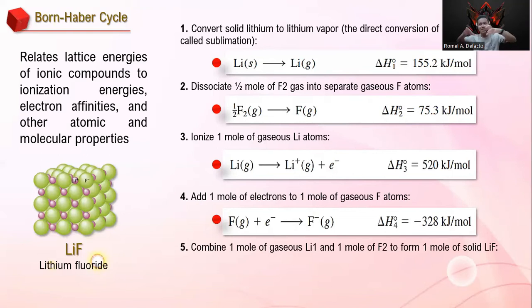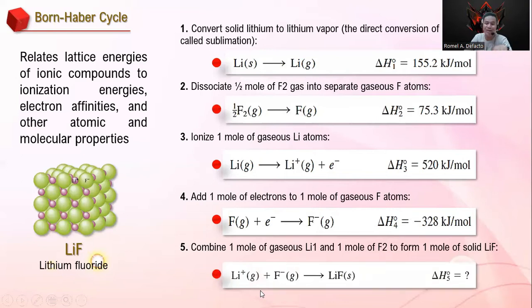So in this case, it started from the dissociation of lithium and fluorine into gaseous form first. And then they will be combined to form a solid form of that compound, which is lithium fluoride. Now, what is the energy required?